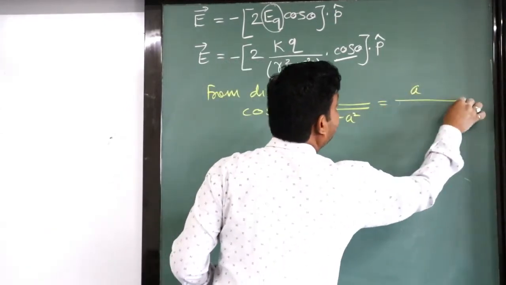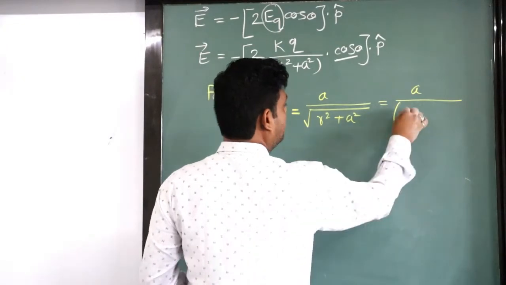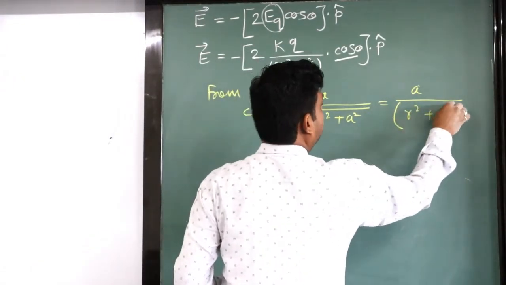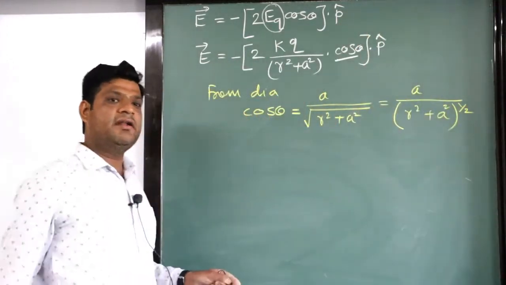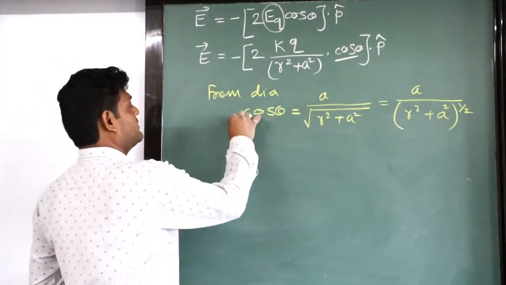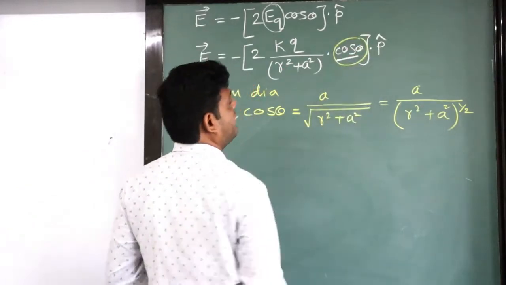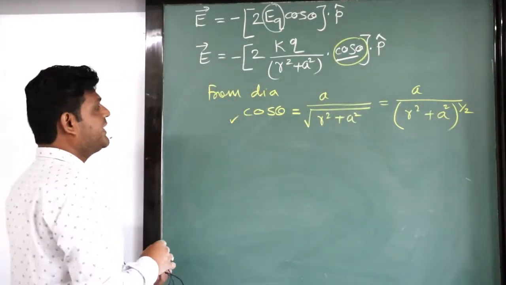Or we can write A divided by R square plus A square, and instead of root, we will write raised to half. Putting the value of cos theta in the above equation, what will we get?